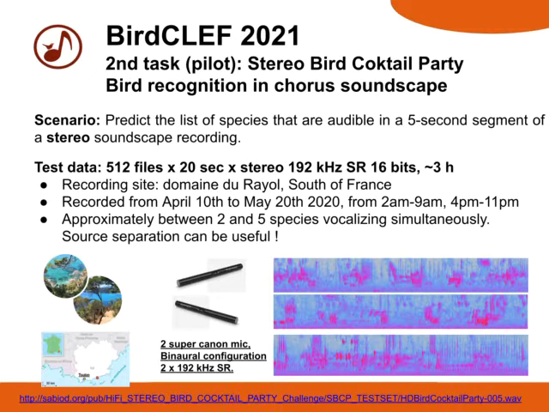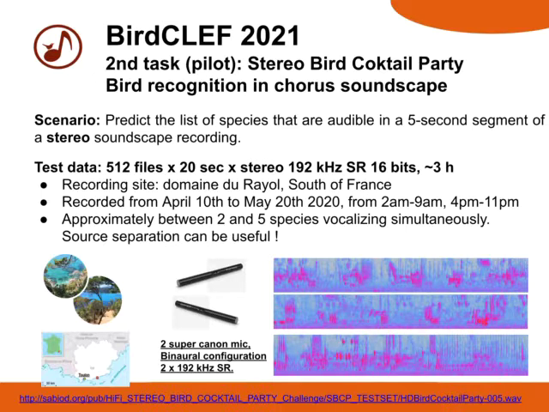In addition to this main task, there will be a second subtask, for the first time this year. It is basically the same goal, to predict the list of species audible in 5-second segments, but here it's based on stereo recordings, which makes the main difference.